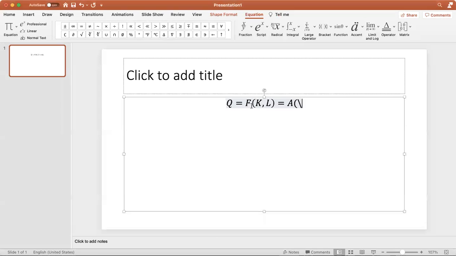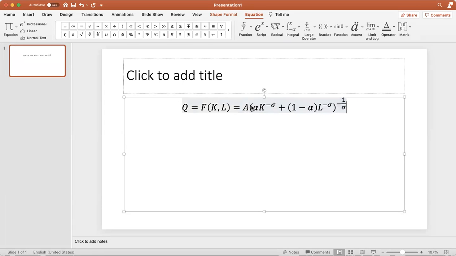So you have A, alpha K raised to negative sigma, plus 1 minus alpha, L, which typically stands for labor, L raised to negative sigma, which the entire term is then raised to negative 1 over sigma.